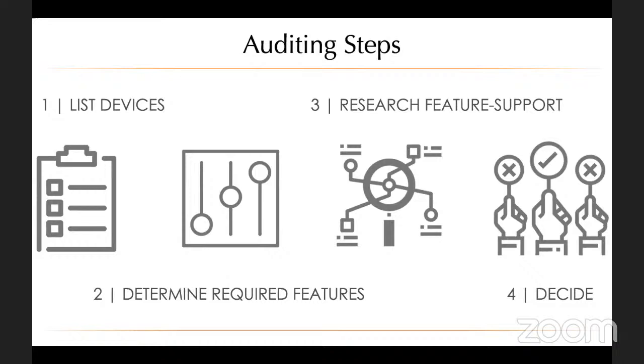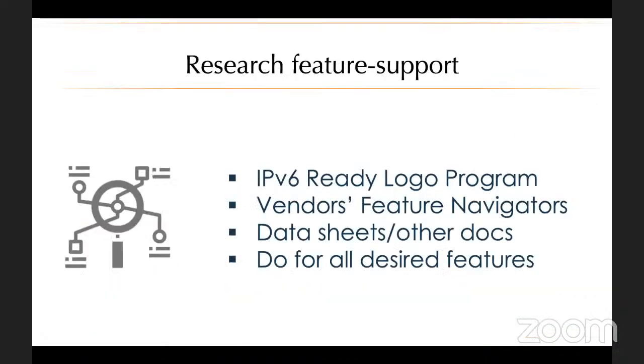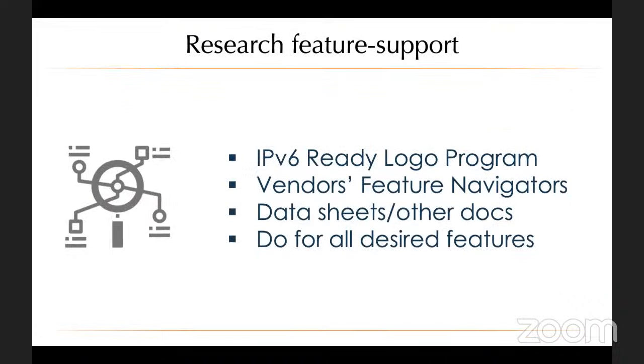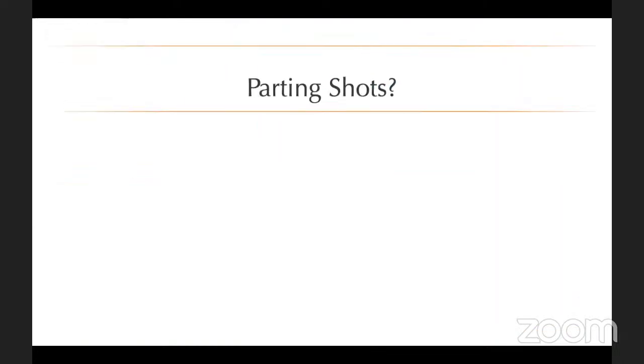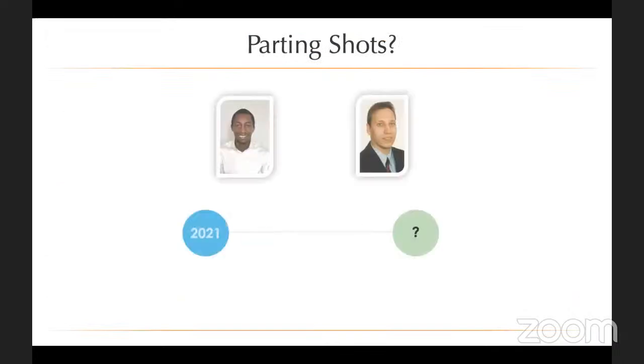Are you going to upgrade the box, or are you going to get external providers to give you the service? Basically this is the end result. After doing your research using the feature navigators, data sheets, or other resources, you're going to make a decision. So I think finally, Jody, the parting shots.